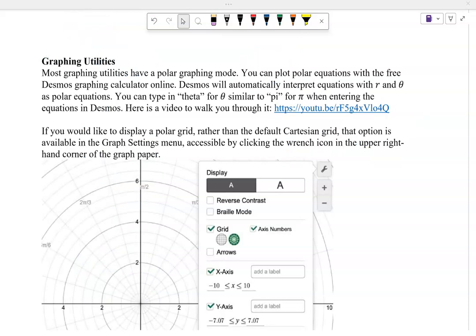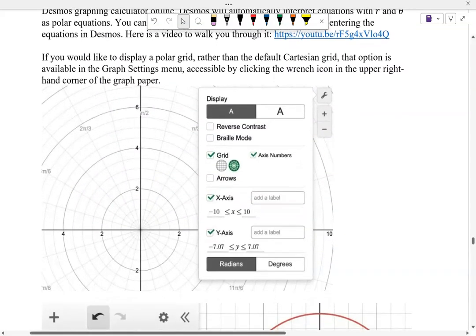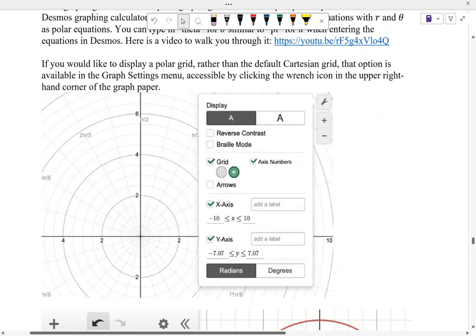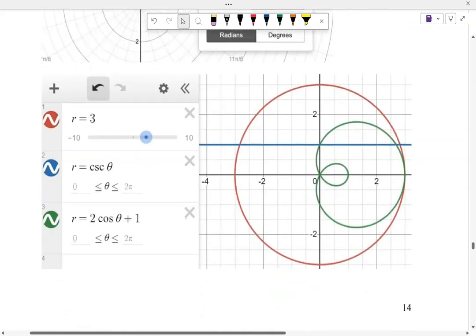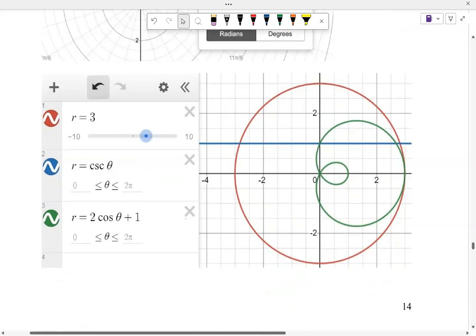So with Desmos, you could do this with Desmos, you guys. You can use a polar grid if you want, or you don't have to. Here's just a ripped image of me putting in 3 different polar equations here. R equal 3, you can see that red circle with a radius of 3.